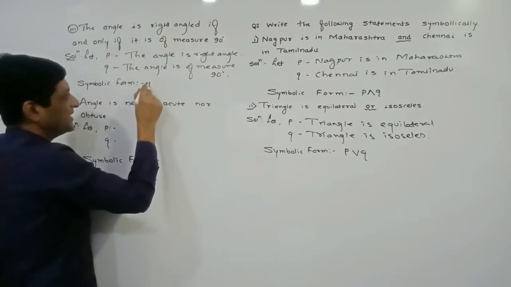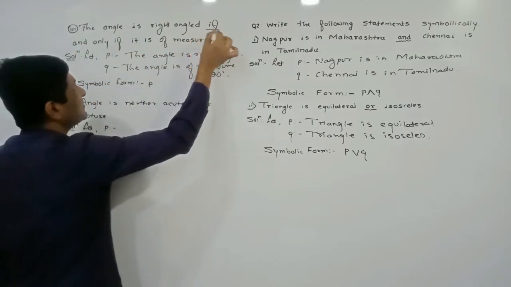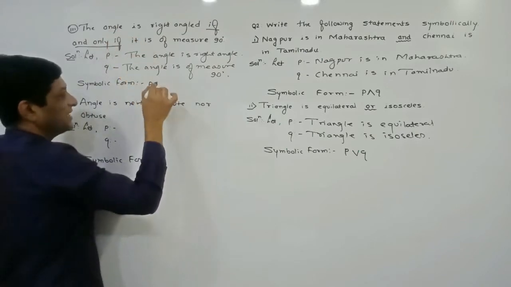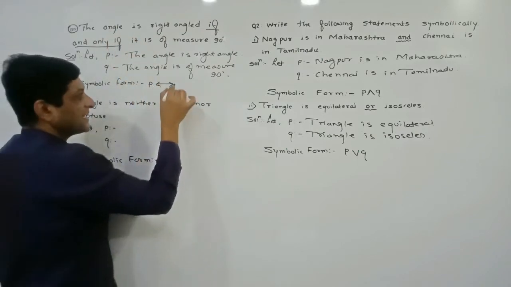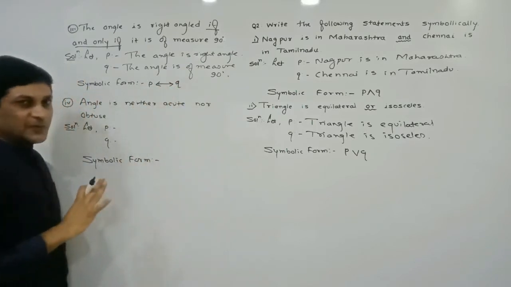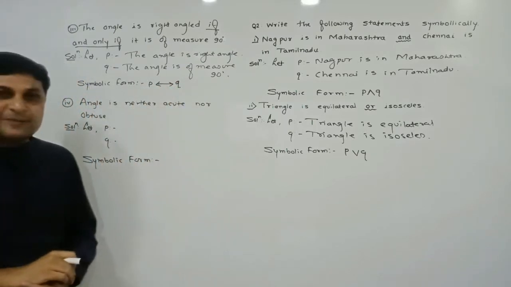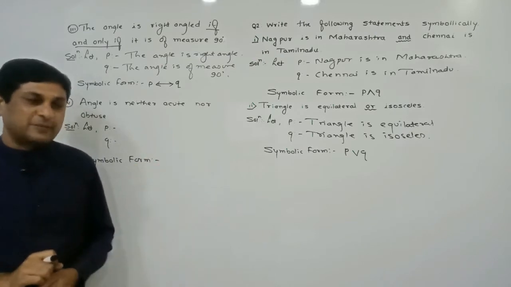The first part is P, and these two parts are connected by if and only if, which can be denoted by this notation, and the second part is Q. In this way we have got the symbolic representation of this statement.